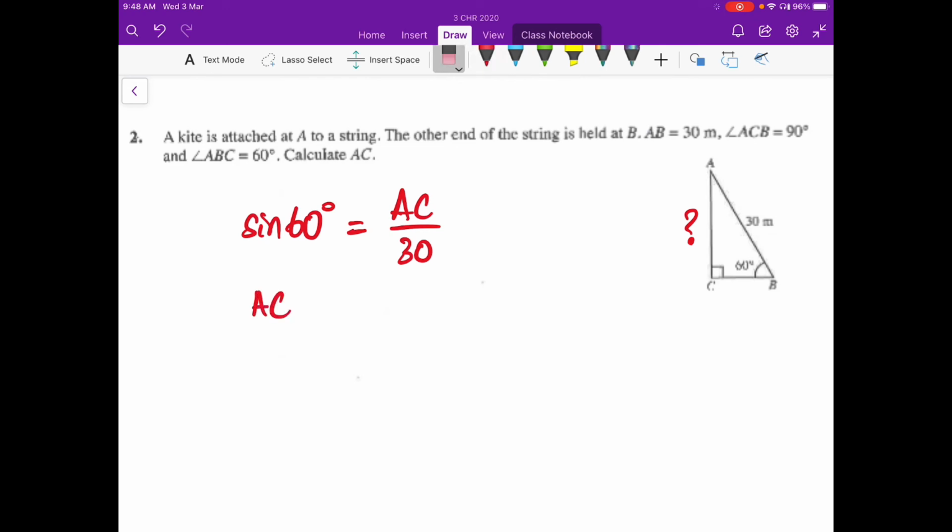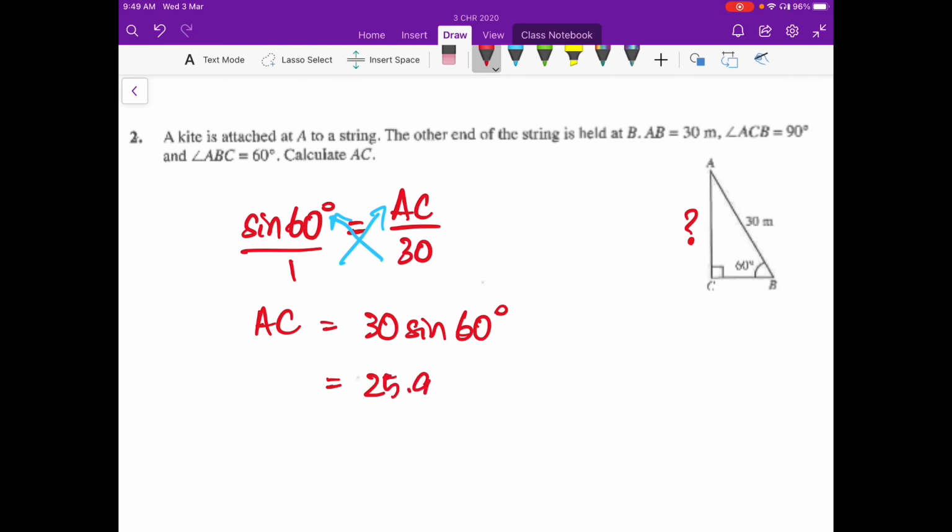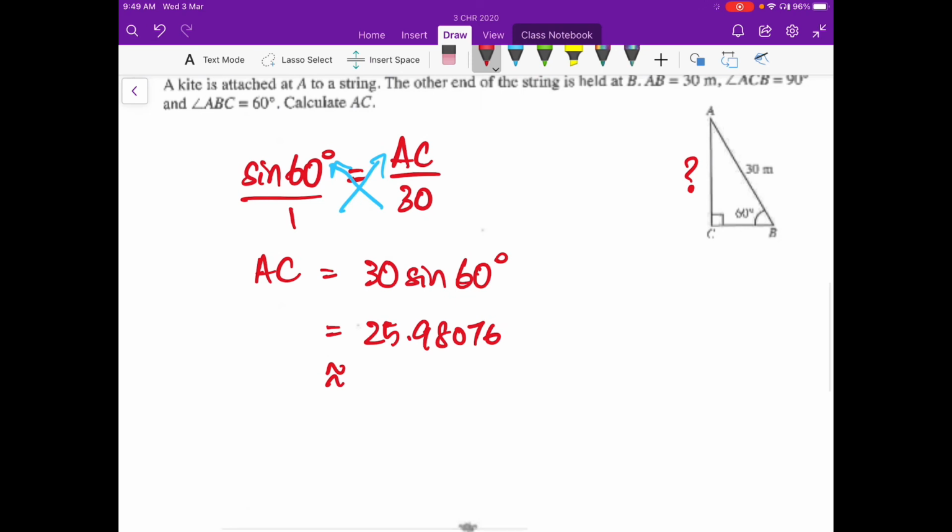Continue. Cross multiply. Okay, over 1. Multiply. And then AC equals to 30 sine 60, then equals to 25.98076. Round off now to 26.0, 3 s.f.